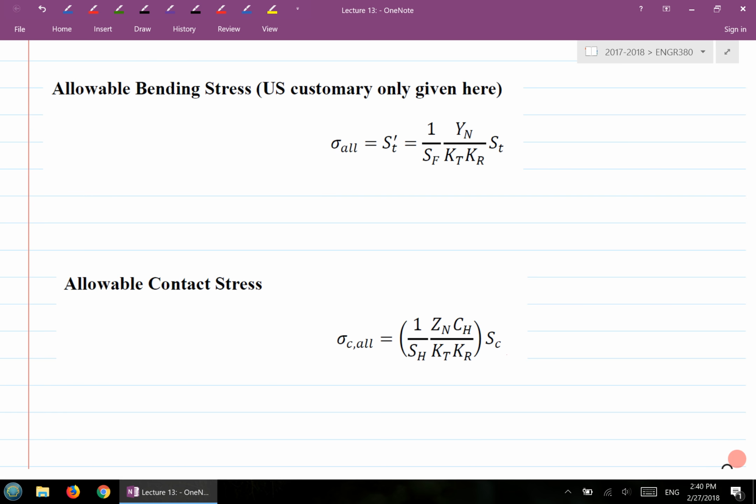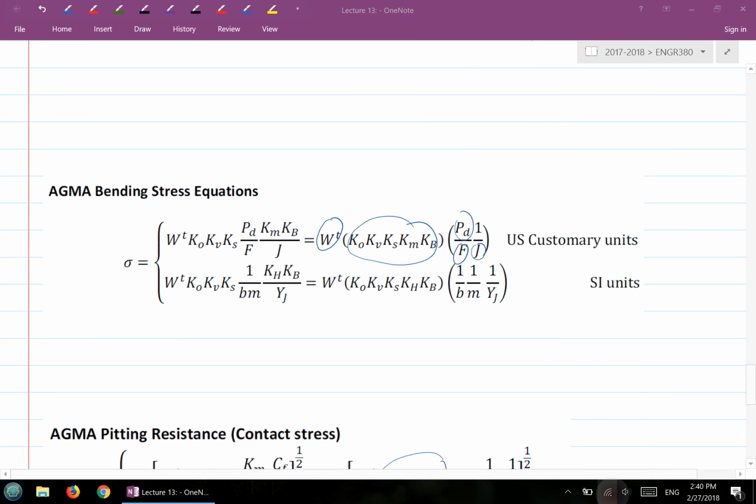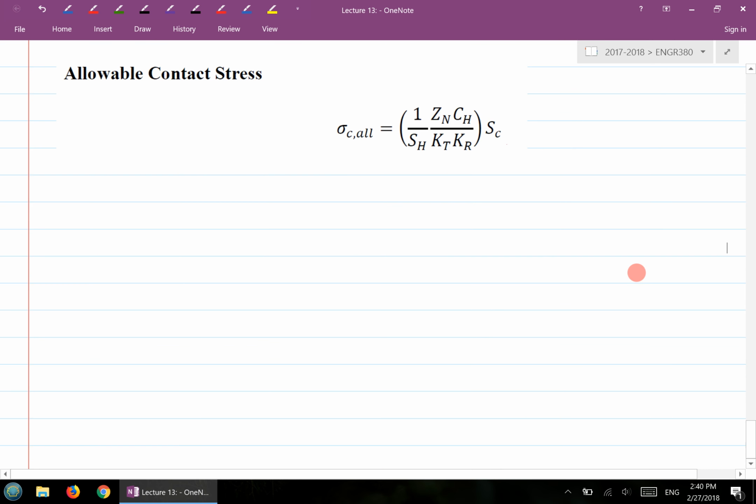Make sense? So the rest of the work is to figure out what each one of the factors is, how we define and calculate each one, and then put them together to end up with our stress and strength values.